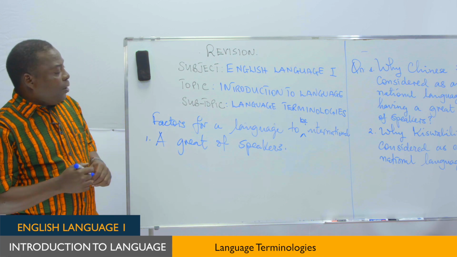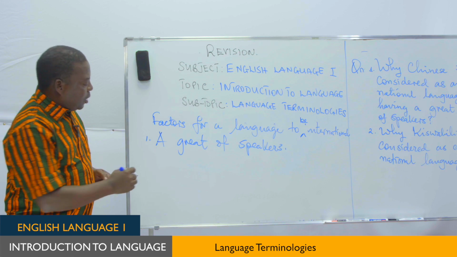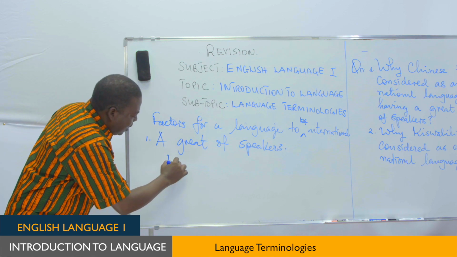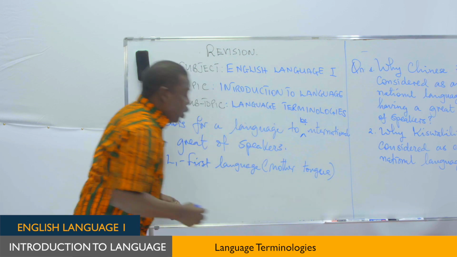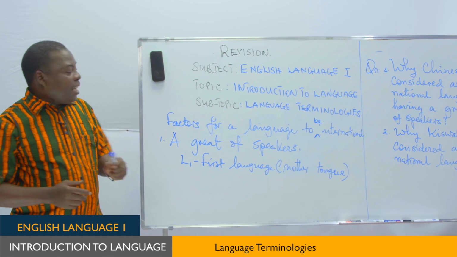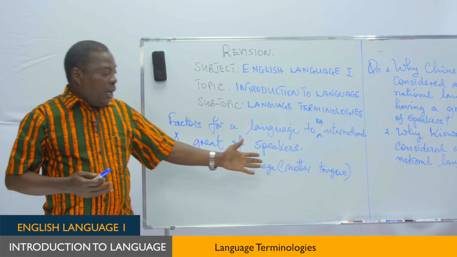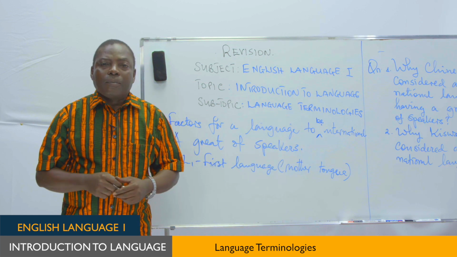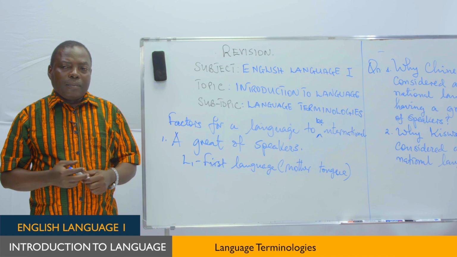We need to have speakers who speak that language as their first language. There should be speakers who speak the language as their first language. Or in other words, it is called mother tongue. Some other people say they speak it as their native language.